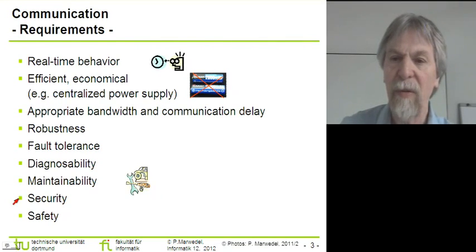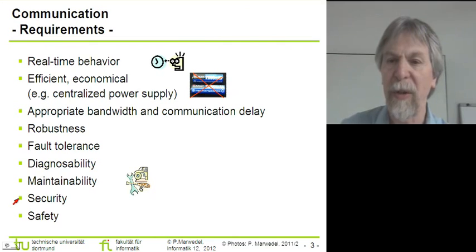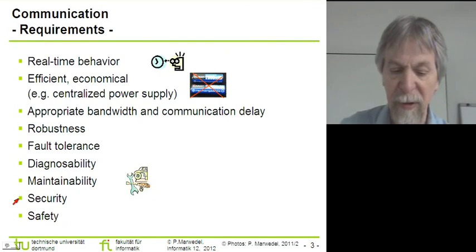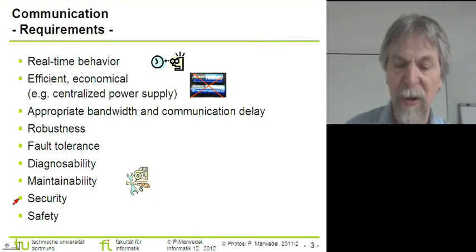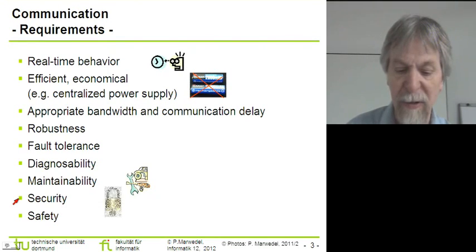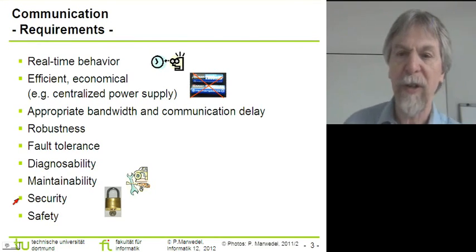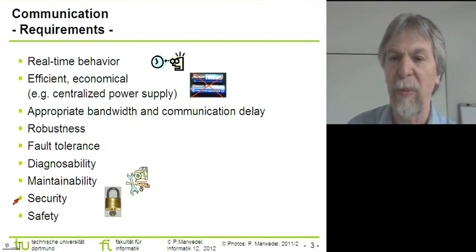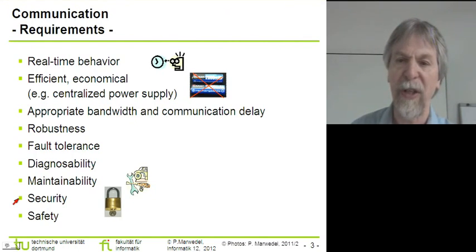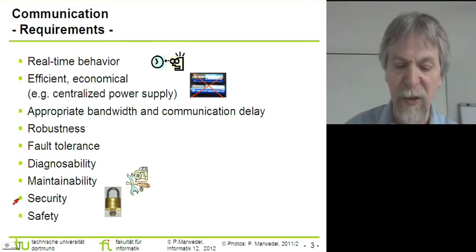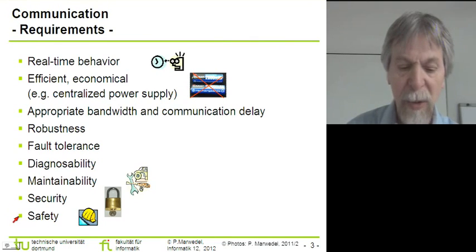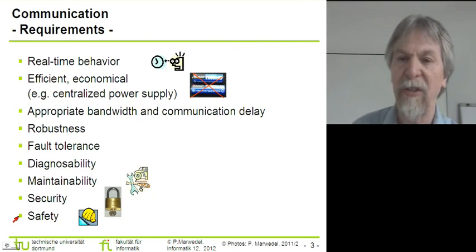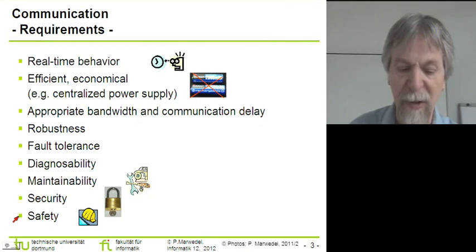And then, resulting also from the general requirements for embedded and cyber-physical systems, we do have to guarantee that our system is secure. So if there is, for example, some communication that is supposed to be private, we have to make sure that this communication actually remains private. And also, since some of these systems are safety critical, we have to make sure that the communication doesn't violate this requirement.